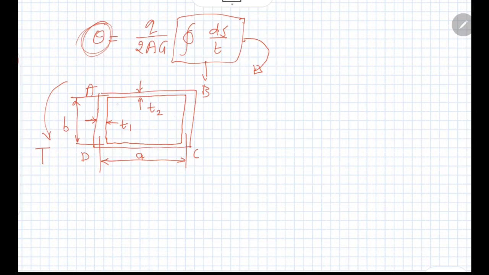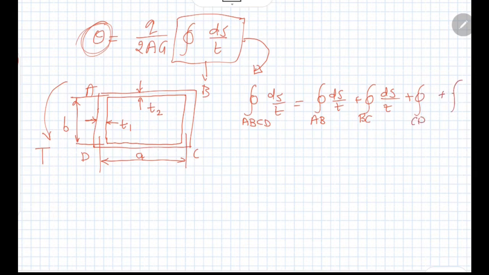For handling cross sections such as the one shown here, we can break this integral into its subparts. So we can write this line integral over the entire path ABCD as a summation of the line integrals over path AB plus over BC plus CD and plus DA.